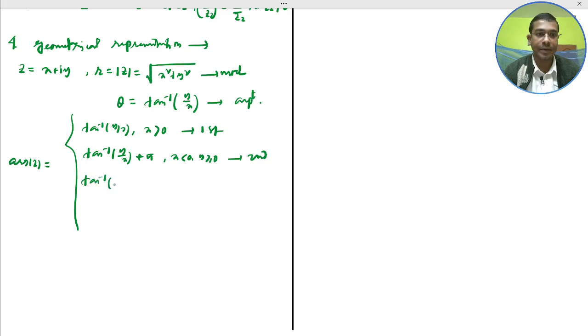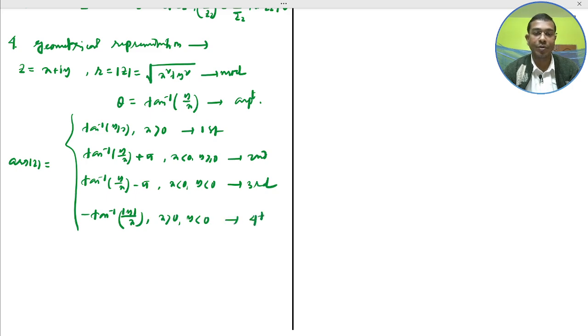Tan inverse y by x minus pi for x less than 0, y less than 0, this is for the third quadrant. And for the fourth quadrant, minus tan inverse mod y by x for x greater than 0, y less than 0, this is the fourth quadrant.